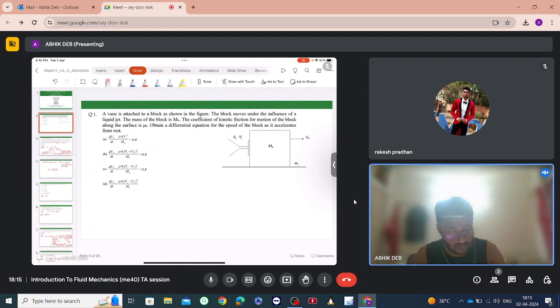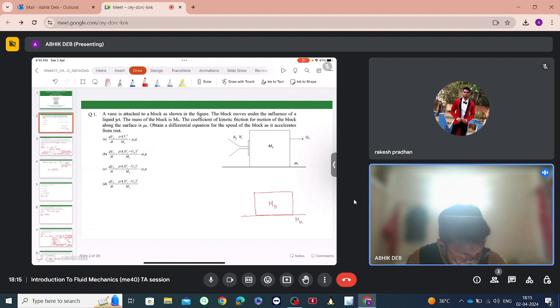So this block of mass mb is sliding on a plane such that the coefficient of friction is mu b.